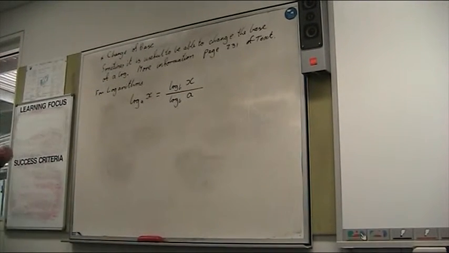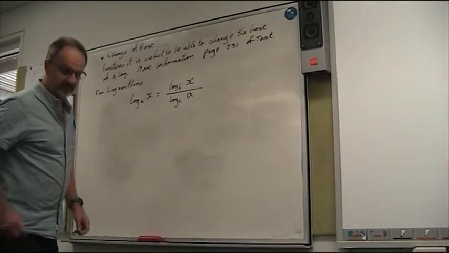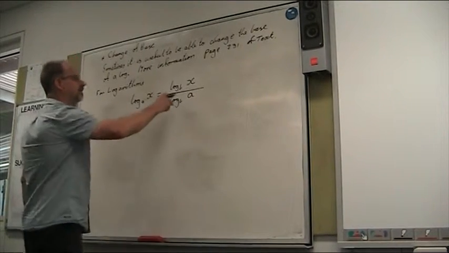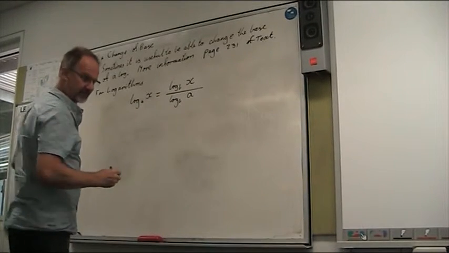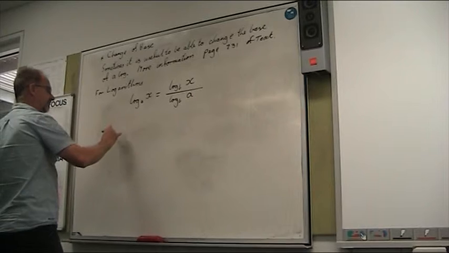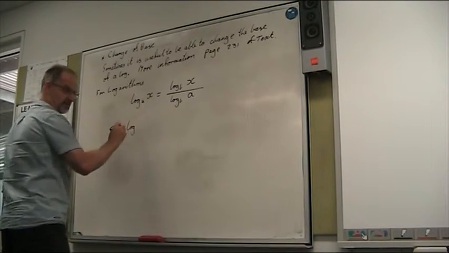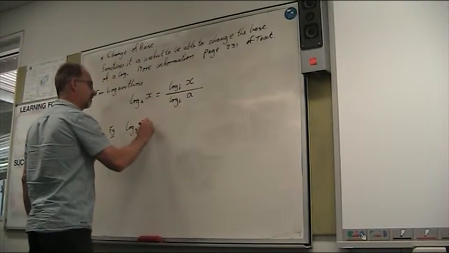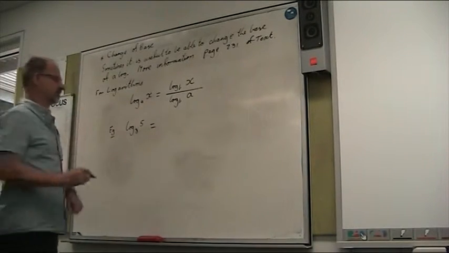So if you had a calculator where you could only do base 10 or base e, then you would choose this base here to be base 10, for example. So if you've got log to the base 3 of 5, a lot of calculators can't do base 3, so you would use this.